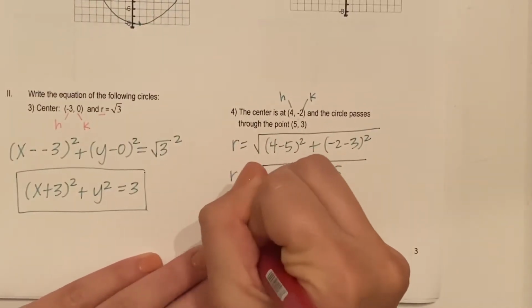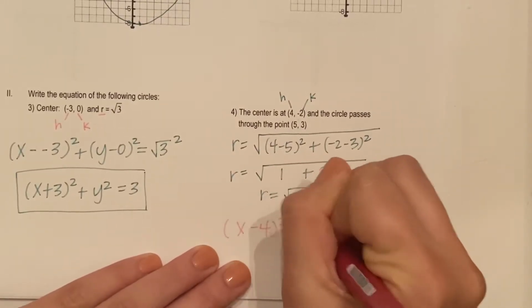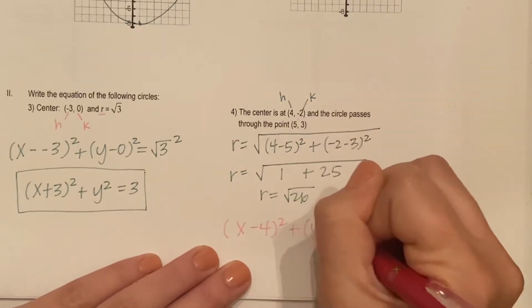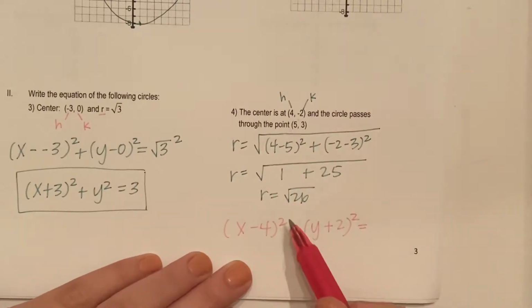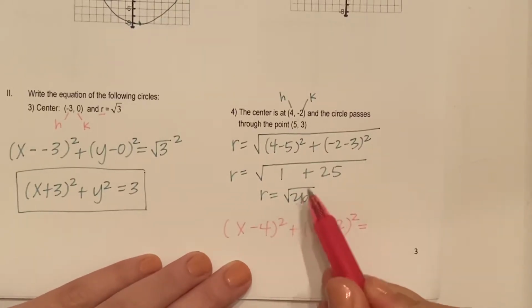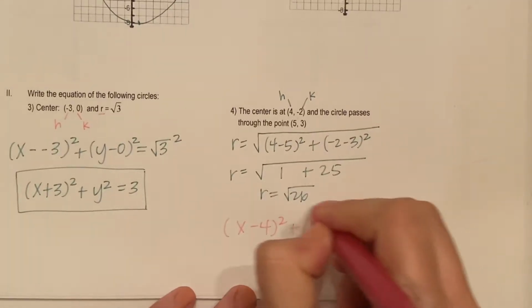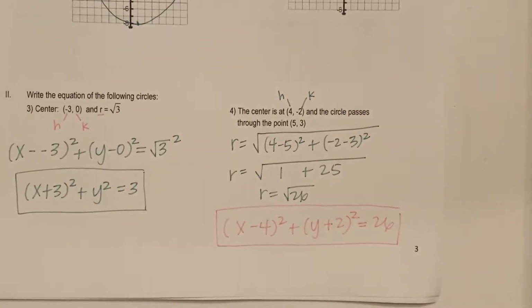So x minus 4 squared plus y minus, well, it's negative 2. So let's go ahead and say plus 2 squared. And now I need the radius squared. So root of 26 squared is just 26. Any questions? Okay, let's continue.